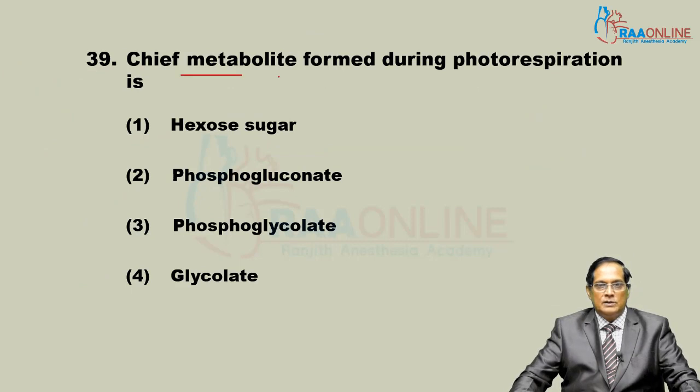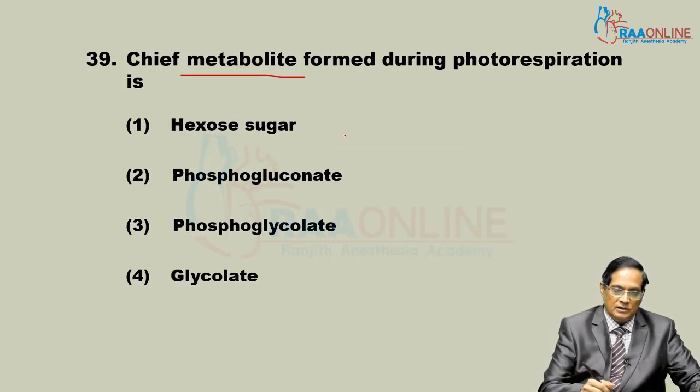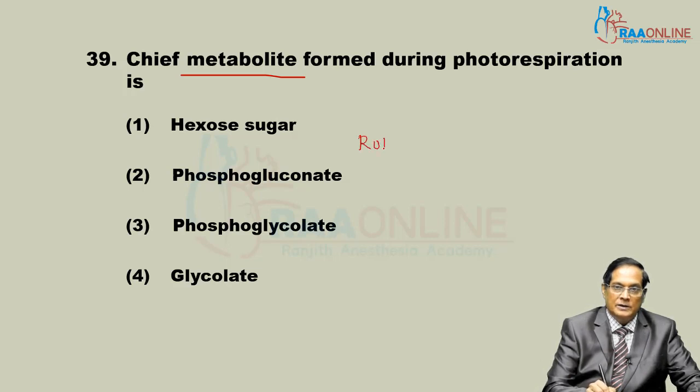The chief metabolite, see here, RuBP. When it undergoes oxidation, it forms 2 products. One is phosphoglycolate.